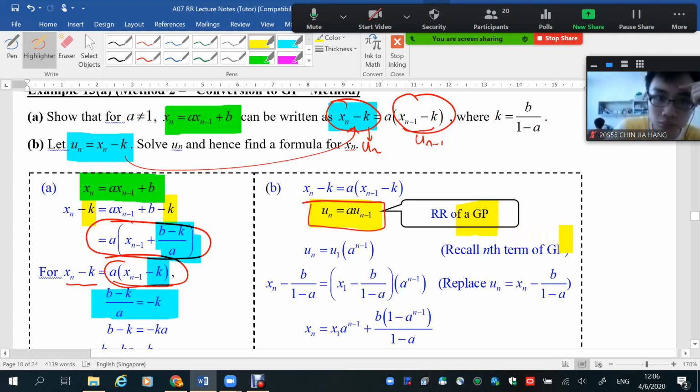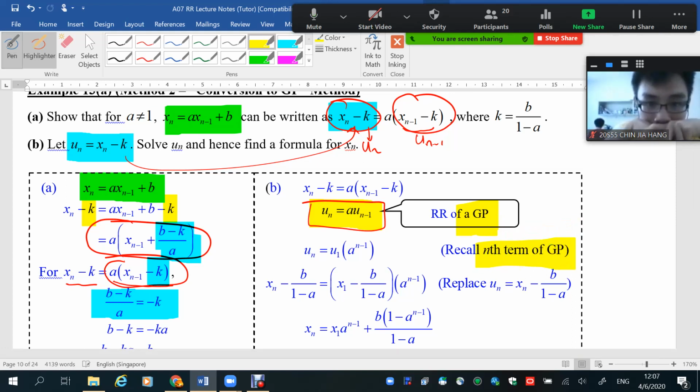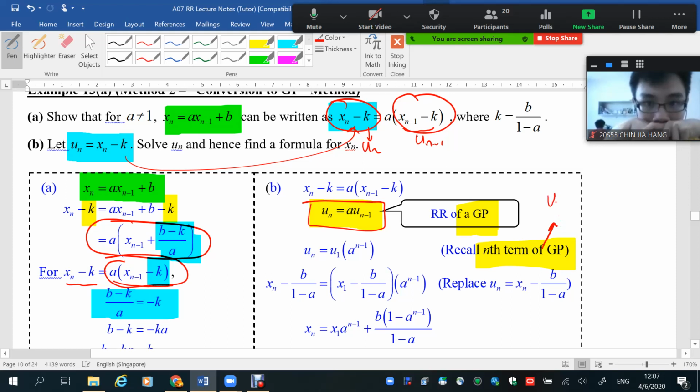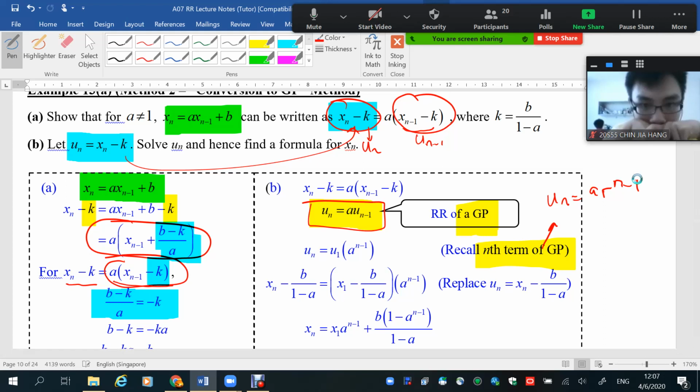So if this is a geometric progression, the nth term of a GP is actually un equals ar to the n minus 1. So what I'm going to do now is say that un is equal to u1 times a, this is my r, to the n minus 1.